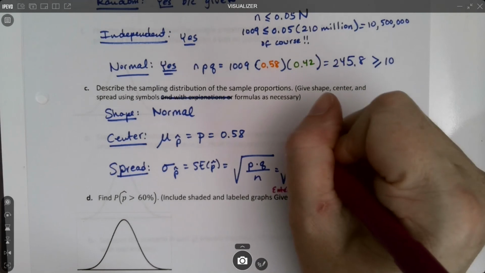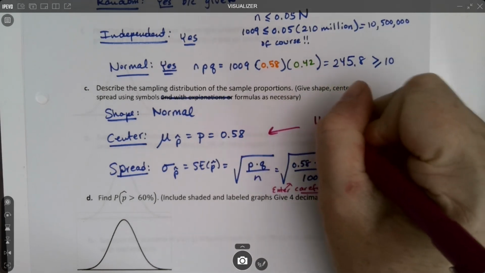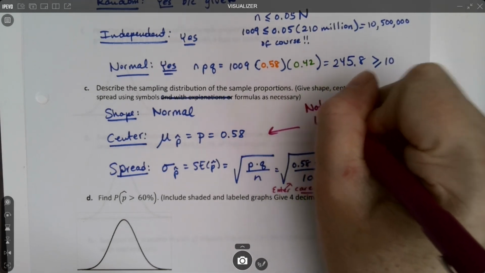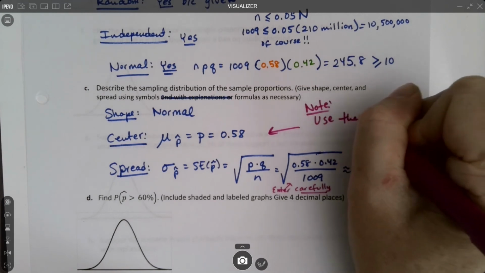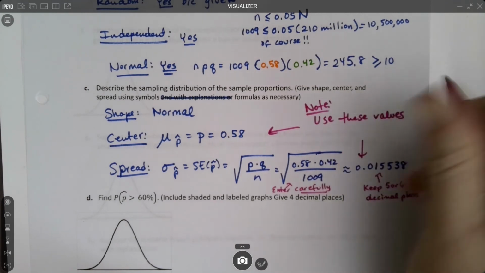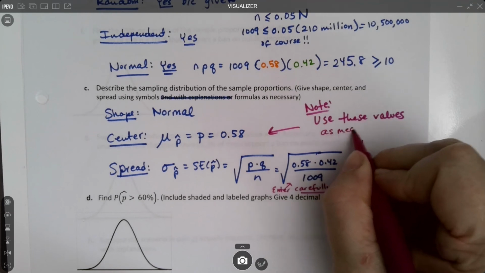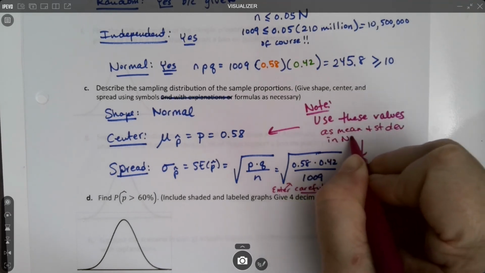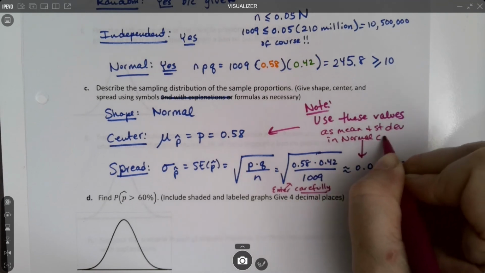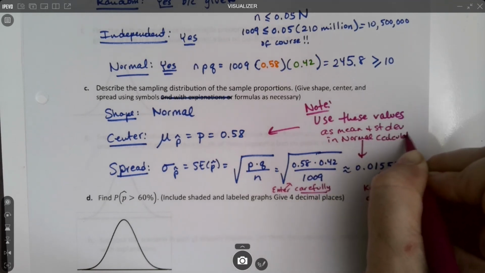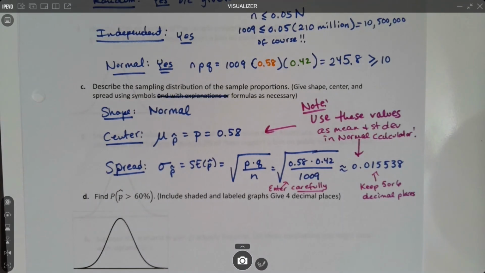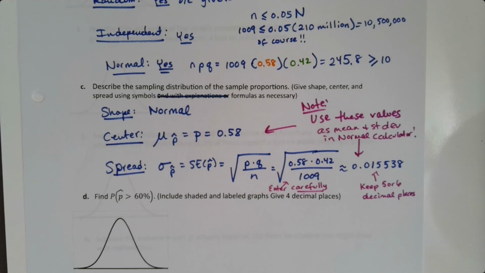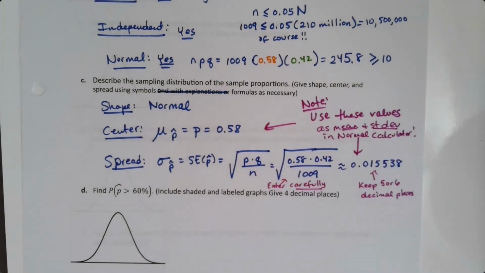And also note, we're going to use these values as the mean and standard deviation in our normal calculator from StatCrunch. That's key, right? You don't want to lose sight of that. You're finding those values for a reason. The center and the spread will become the mean and the standard deviation of your normal calculator, respectively.